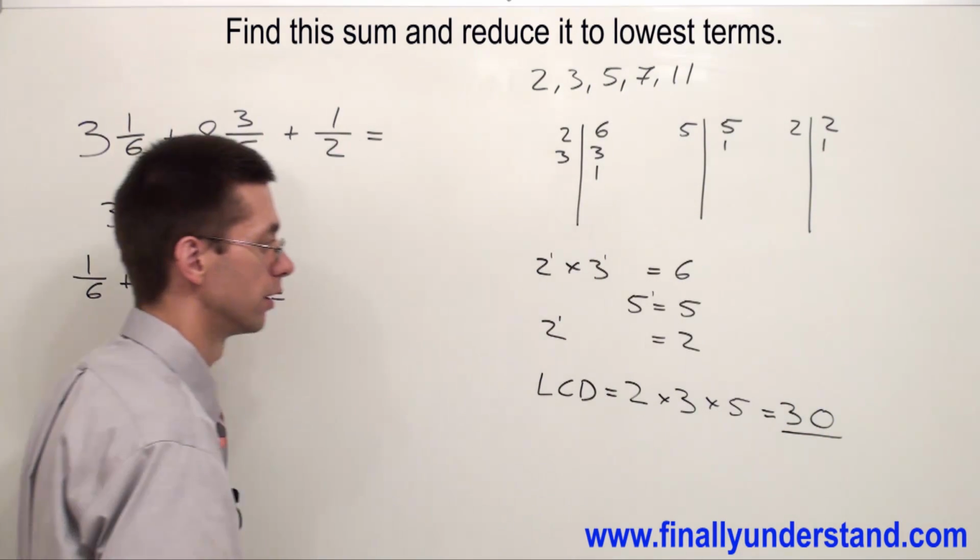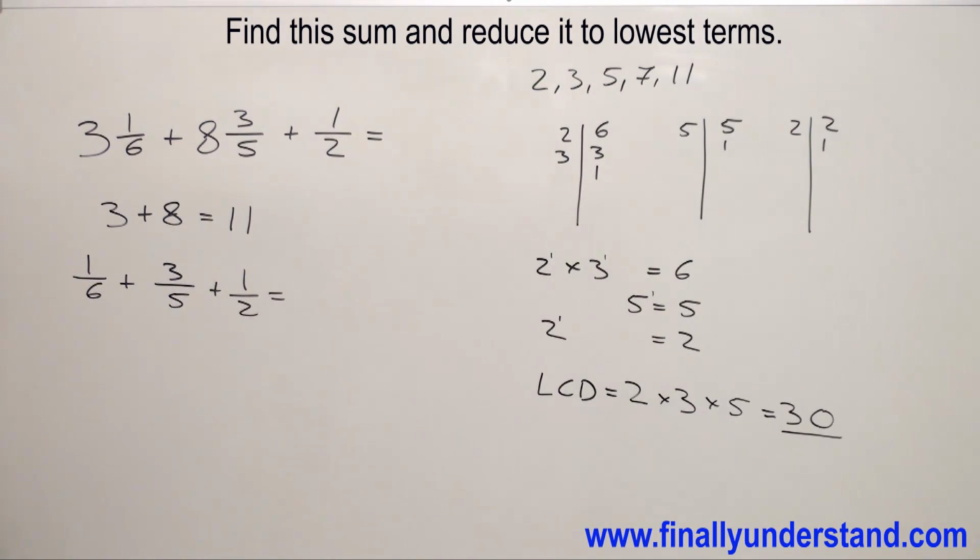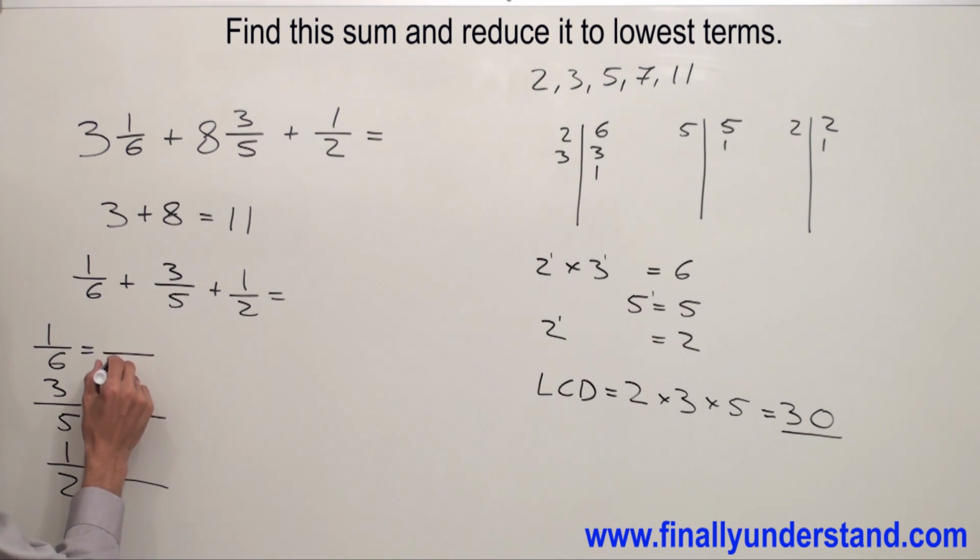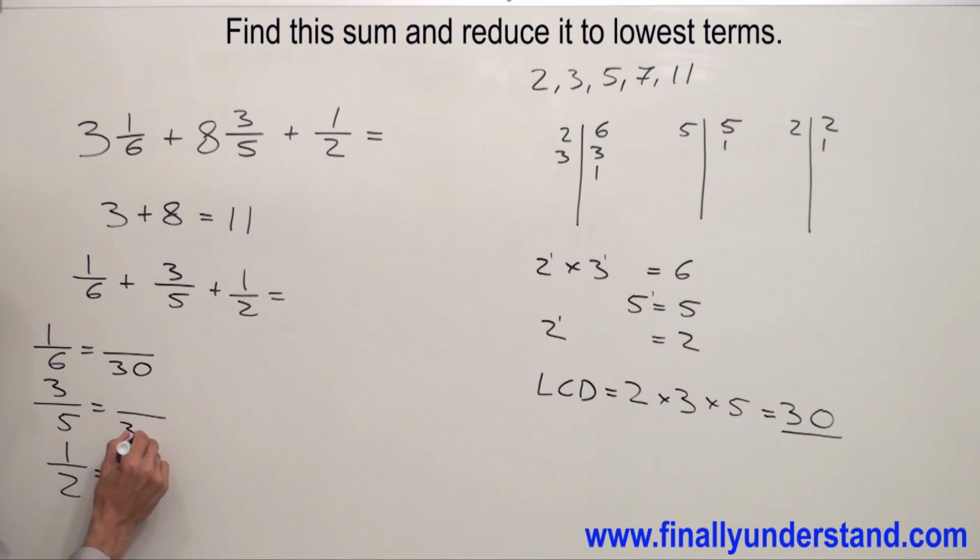This is my lowest common denominator. Let me write these fractions one more time. And I have 1 over 6, I have 3 over 5, and I have 1 over 2. Common denominator we said is equal to 30.